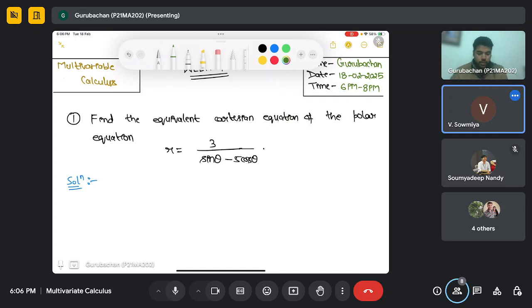Absolutely right. So let me recall how we can convert Cartesian to polar equation and polar to Cartesian equation.